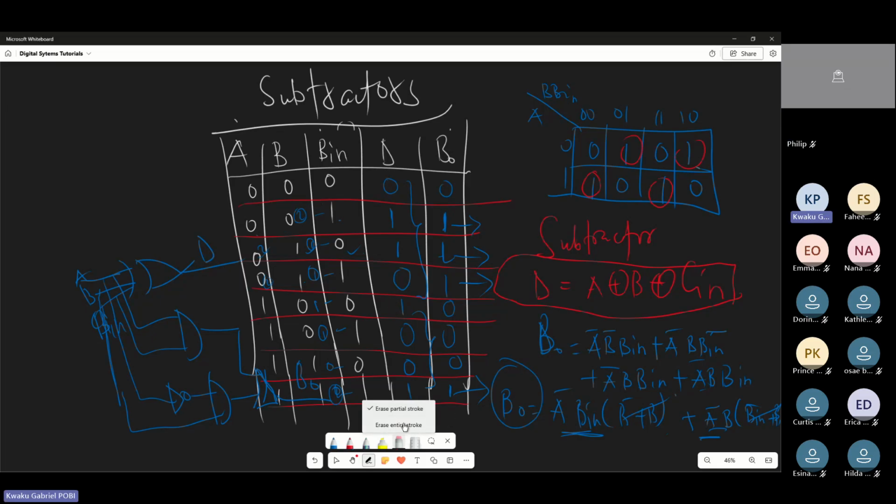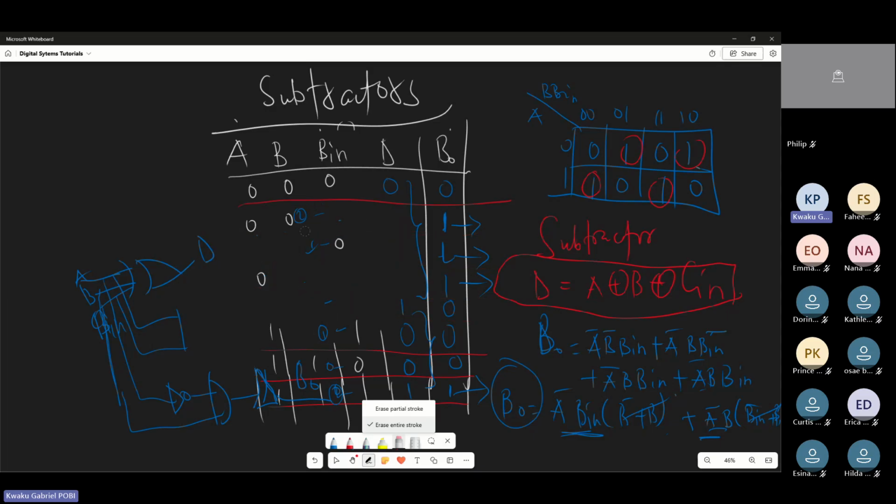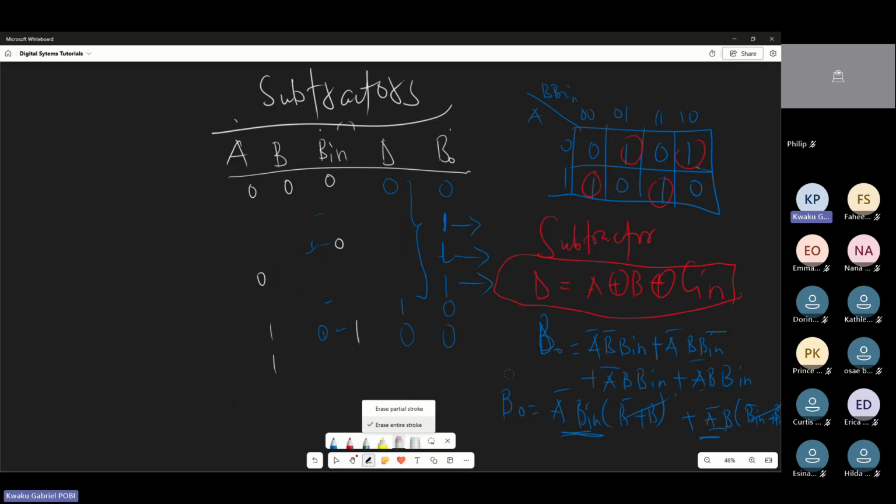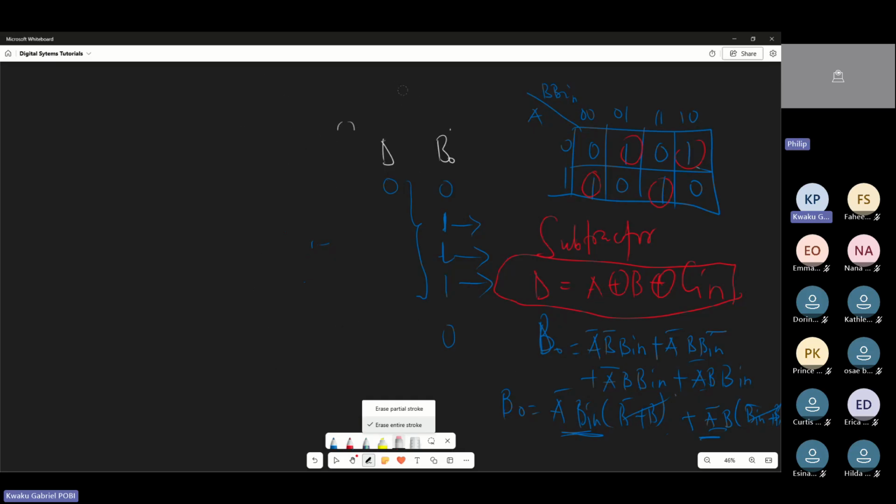Binary to gray code. The whole idea of using gray code is to have bits changing by 1 as you are moving from one point to another. So if, let's say, you have, I'm coming. Let me use this to show you something.